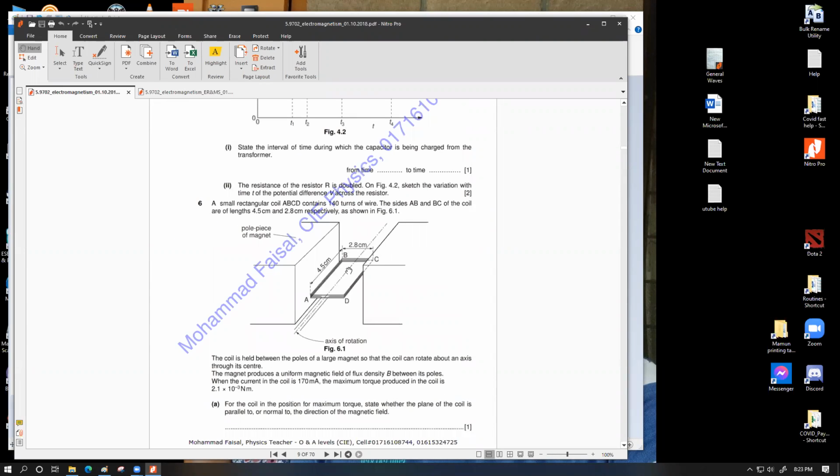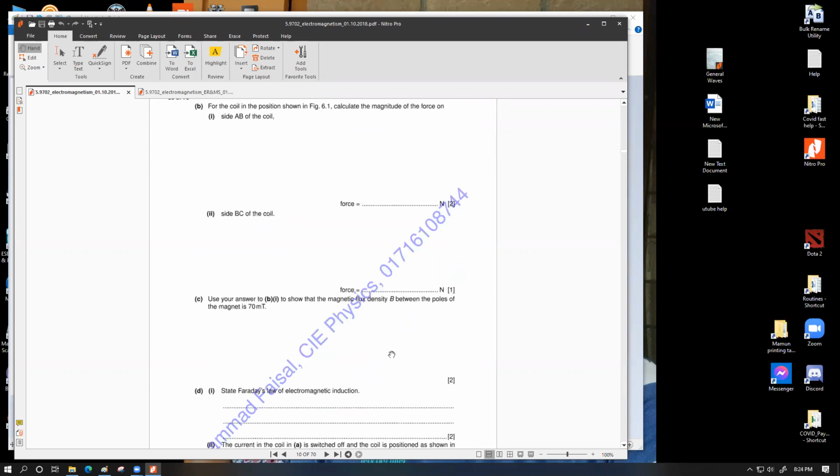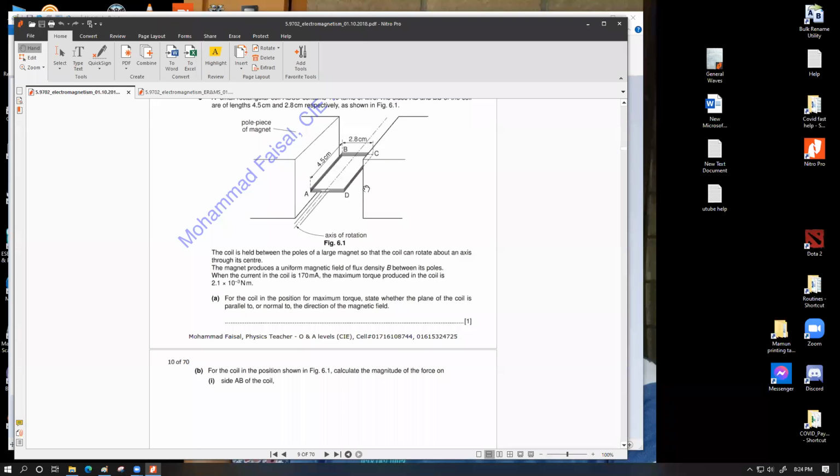Suppose this is a generator. Here we had a magnetic field and some coil, and in this question we are going to rotate the coil at a certain RPM. The coil is turned through an angle of 90 degrees in a time of 0.14 second. Initially the magnetic field was parallel with the face of the coil, so the initial magnetic flux linkage was perfectly zero.